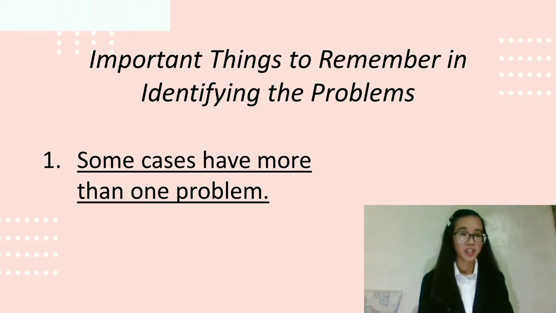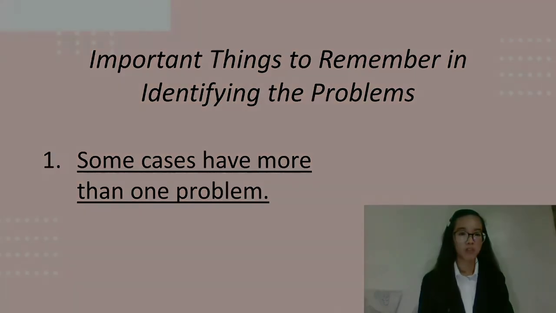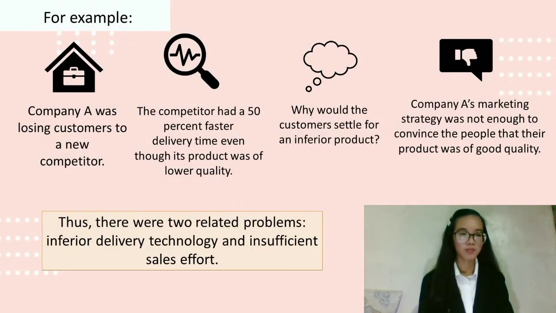For a hypothetical example, consider the following. Company A was losing customers to a new competitor. Upon analysis, it was determined that the competitor had a 50% faster delivery time, even though its product was of lower quality.